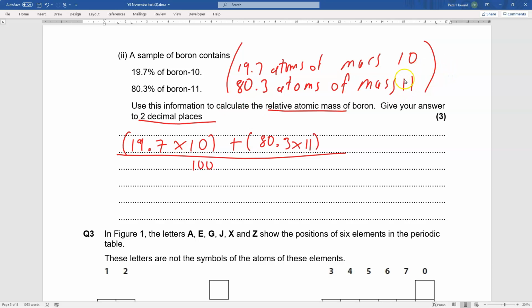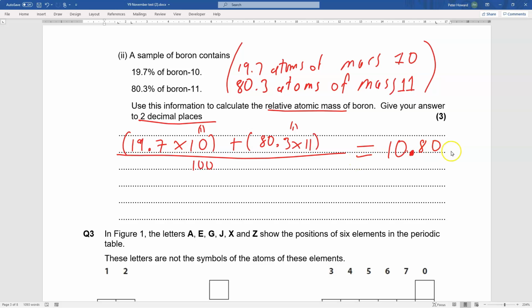So in terms of just what you'd be doing if you were doing this, say, in a maths lesson. So if you do that, give your answer to 2 decimal places, you get 10.80. Now, you get basically 1 mark for this bit here, 1 mark for this bit here, and having that bit divided by 100, and then 1 mark for giving your answer to 2 decimal places.